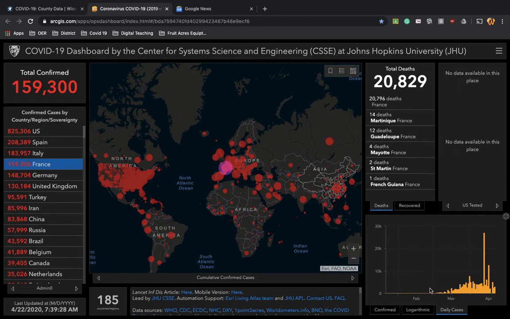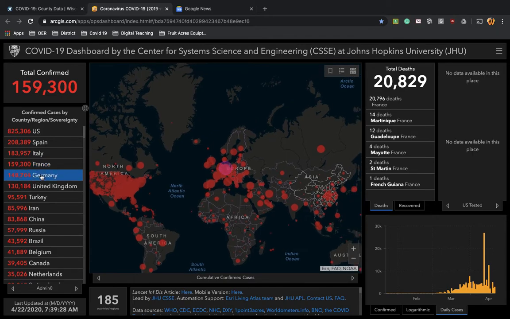France had an early rise, but not nearly so many cases as Italy or Spain. One day they reported 26,000 new cases, right? And then their numbers have stayed relatively low. Does this mean that they're past their peak? We don't know yet. We'll have to keep watching.